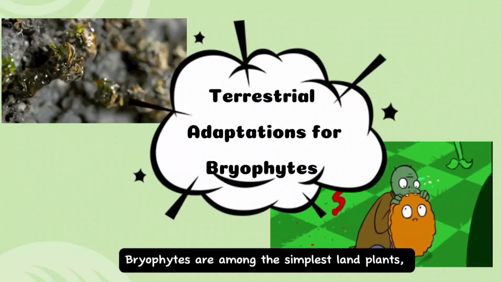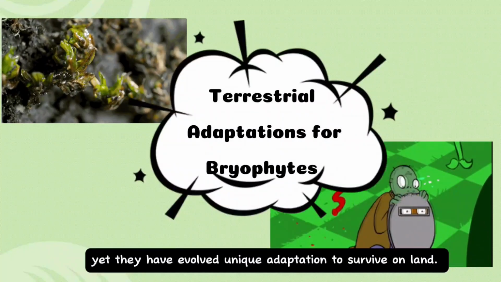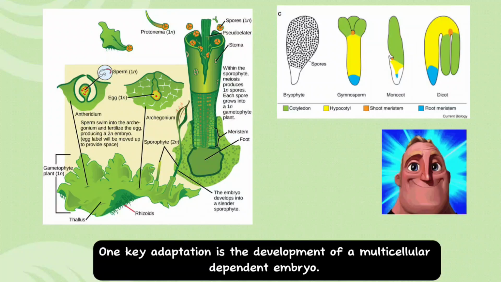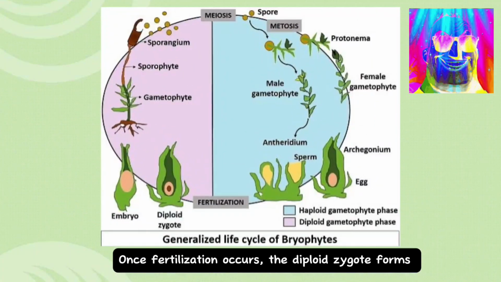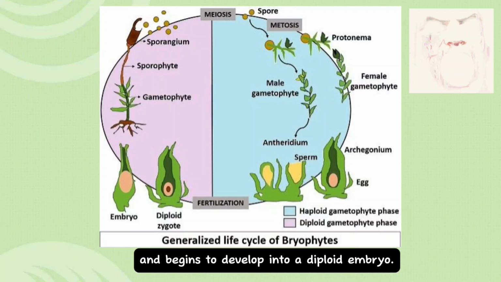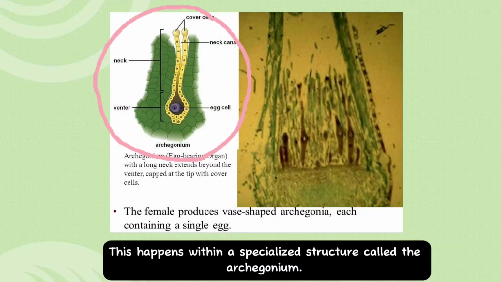Bryophytes are among the simplest land plants, yet they have evolved unique adaptations to survive on land. One key adaptation is the development of a multicellular, dependent embryo. Once fertilization occurs, the diploid zygote forms and begins to develop into a diploid embryo. This happens within a specialized structure called the archegonium.